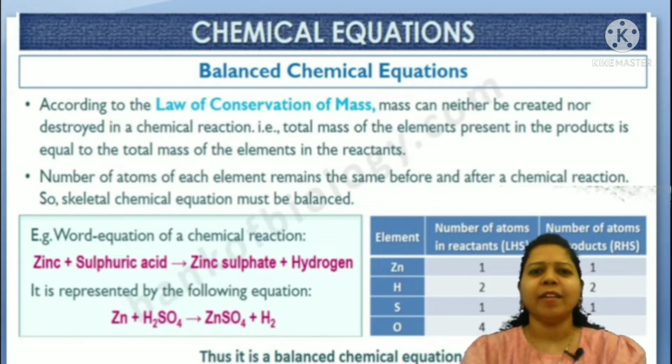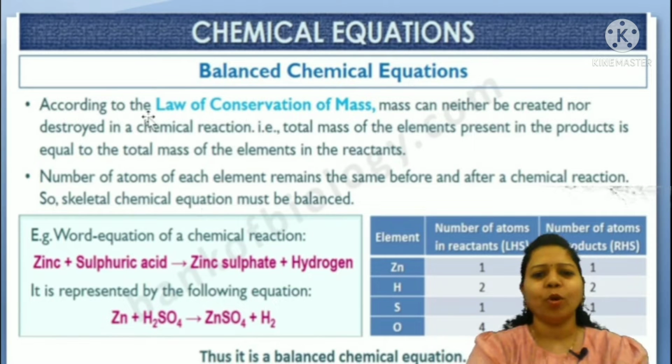What is meant by a skeletal equation? What is meant by a balanced equation? And what is meant by an unbalanced equation, we just learned. But why do we need to balance those chemical equations? We'll see now. According to the law of conservation of mass, mass can neither be created nor destroyed in a chemical reaction.